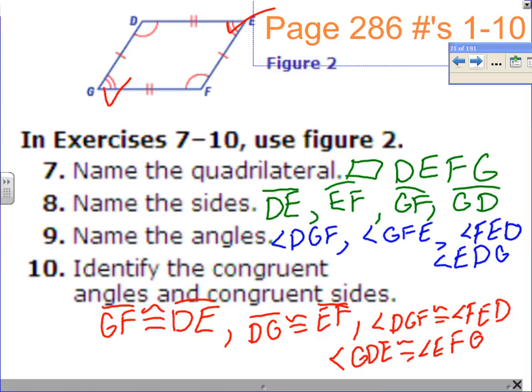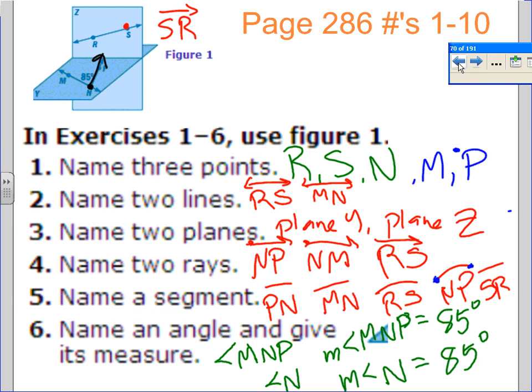I read both answers. You said to name the angle and give the measurement. Well, you only knew the measurement to one of them. So, yeah, you could have had either one of those, but there's only one angle that you know for sure is 85 degrees. Okay?